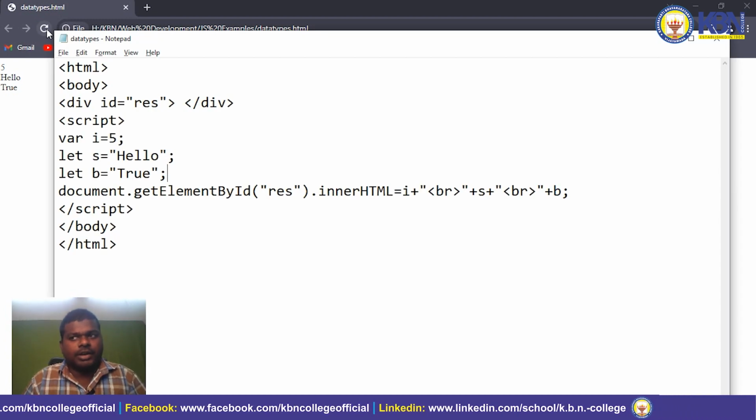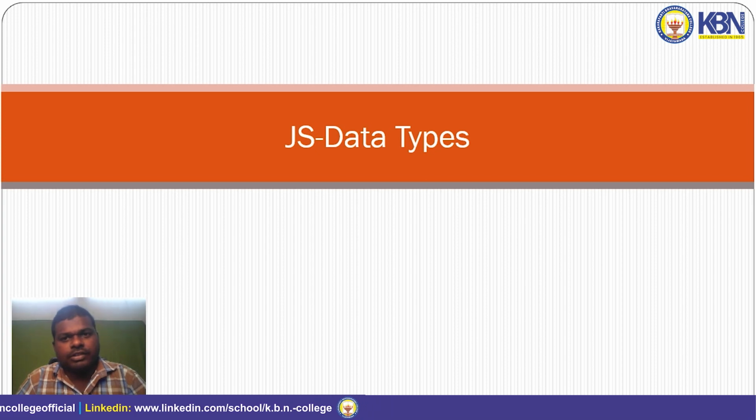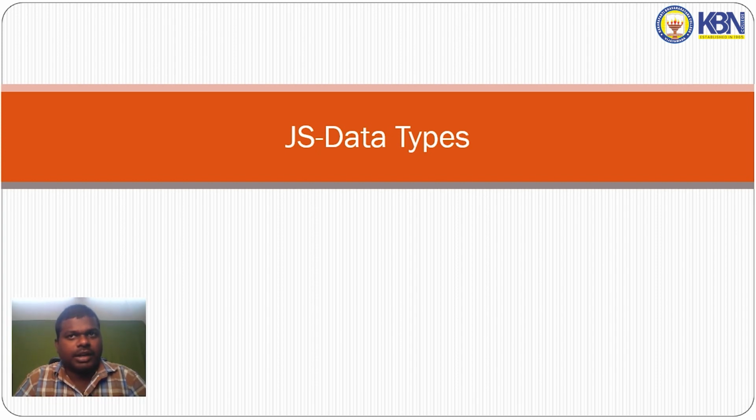So let's head to the next topic in our session, that is data types. So what is a data type in JavaScript? The word itself is explaining, we need not put stress over it. For example, I am asking my friend to give water to me.